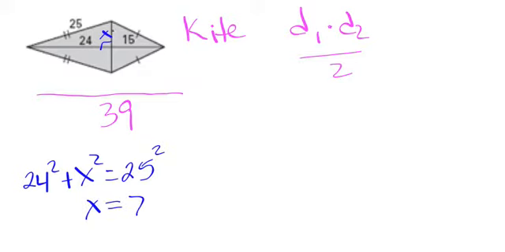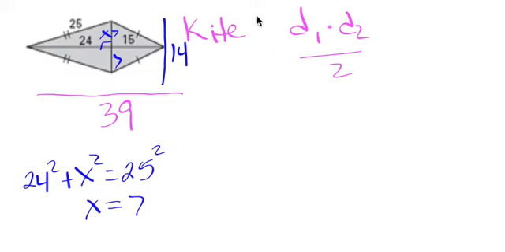That means this top part is 7, and in a kite, the diagonal that you see going horizontal is not bisected. But the other one that's going up and down here, they are equal lengths because the horizontal one splits it into two triangles that are the same. So this is 7 on the top and 7 on the bottom. So this diagonal for this kite is 14 in length.